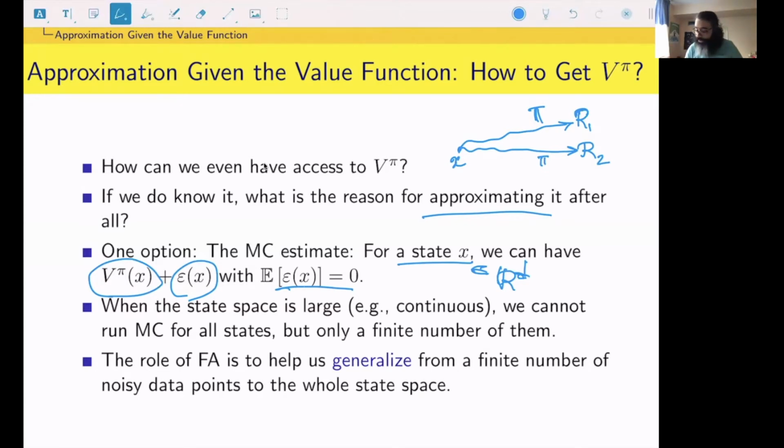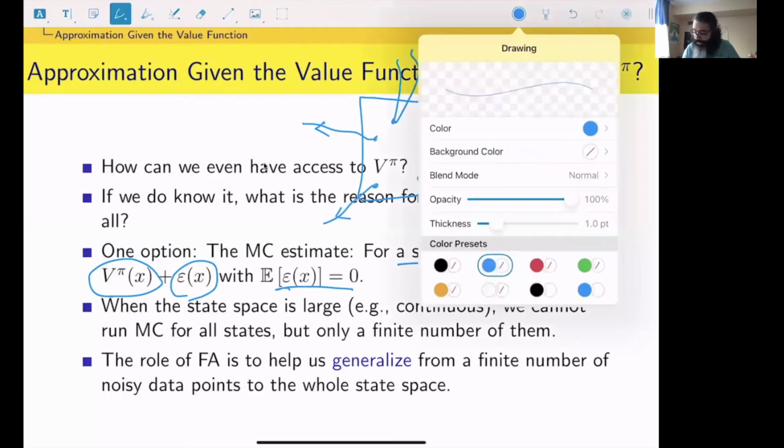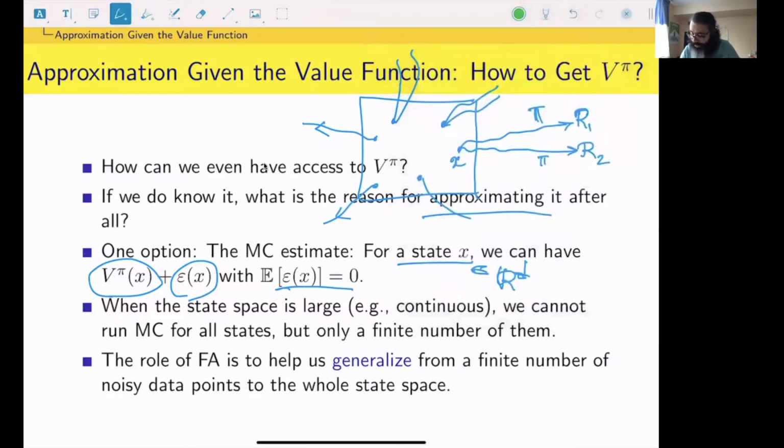So what we can only hope for is that if we have a state space like this, we only have a Monte Carlo estimate for some of the points. Each of these is one trajectory I'm showing you. So we have the noisy estimate of the value function only here.